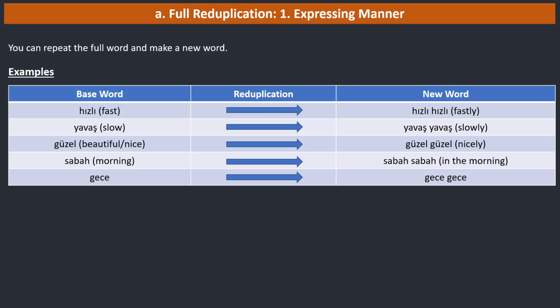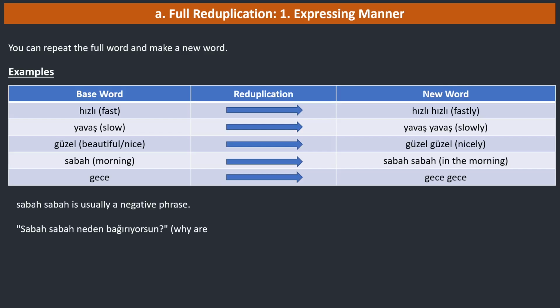Okay, maybe I can write down this detail as well. Sabah sabah is usually a negative phrase. And that's the example. Sabah sabah neden bağırıyorsun?